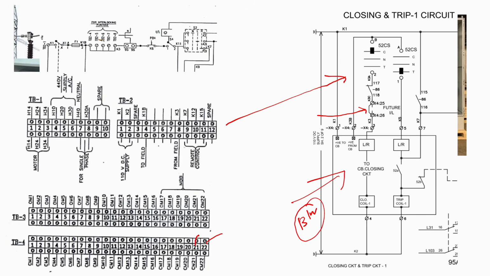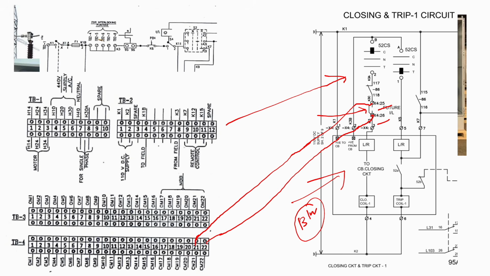So what we will do, at TB number 425 and 426, we will connect 21 number at X425 and 22 number at 426.